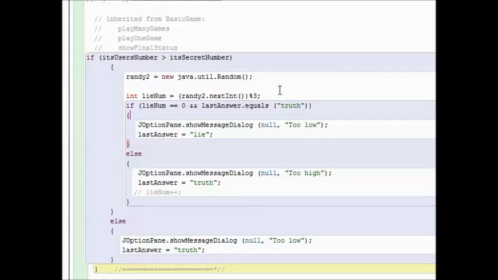So if the number is too high, divide that in half and guess 25. If it's too low, it might be a lie, so you guess 50 again because you remember it can't lie twice to make sure it's too low. If it's too low again, guess 75. If it's too high, guess 25.